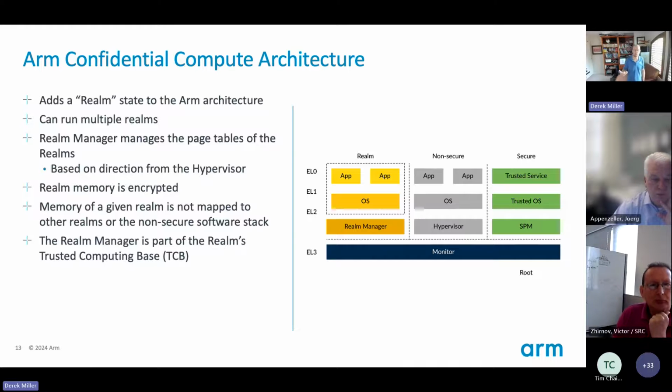Realm memory is encrypted, and the memory of a given realm is not mapped to other realms or to the non-secure stack. This means that the Realm Manager, sometimes called the RMM by us, is part of the realm's trusted computing base. The specification for the RMM has been formally proven using the HOL interactive theorem prover.